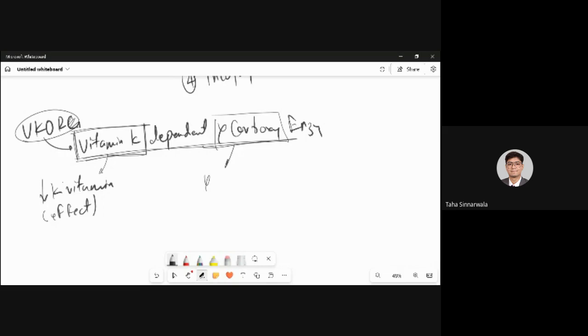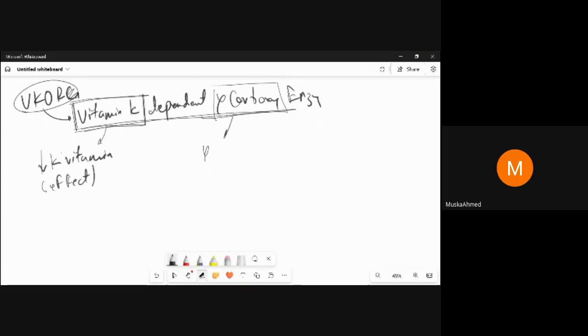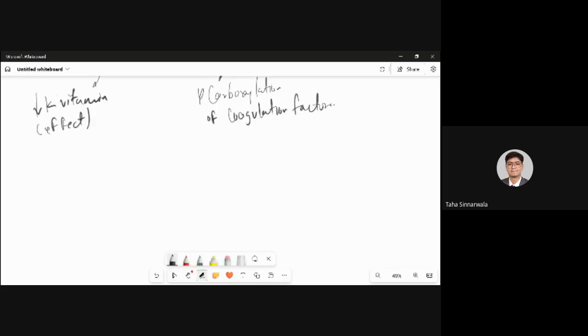Now, there is gamma carboxylation. What do you think would be gamma carboxylated? What substance can be gamma carboxylated? I think the clotting factors. Yeah. So, gamma carboxylation of clotting factors. Now, there are multiple different coagulation factors which go down. There's obviously 2, 7, 9, and 10.